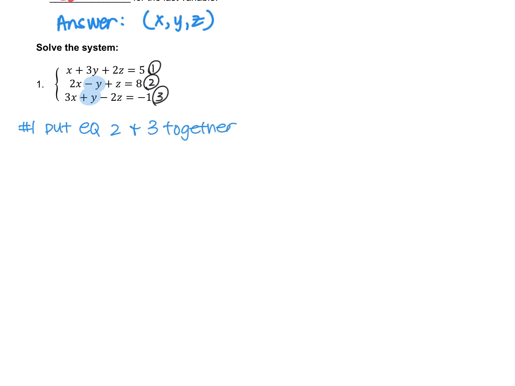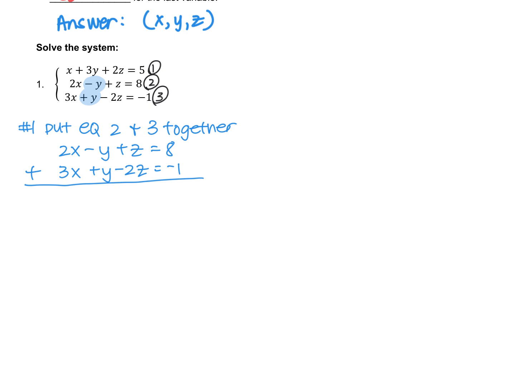Okay, so I'm going to write them down just like a normal elimination problem. So I have 2x minus y plus z equals 8, and 3x plus y minus 2z equals negative 1. And I'm going to solve by elimination.